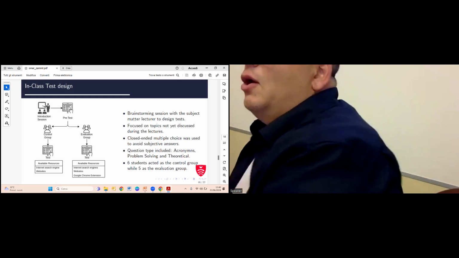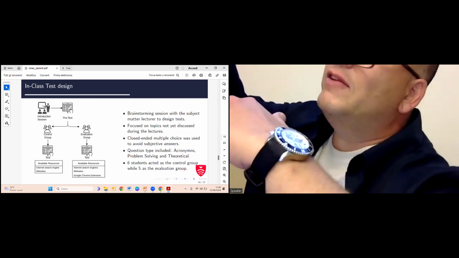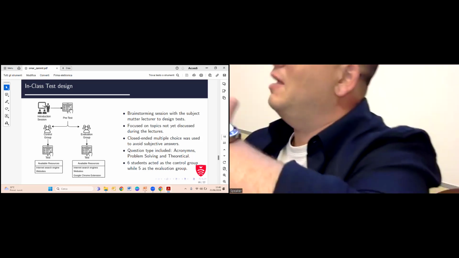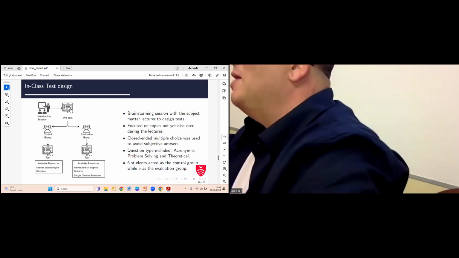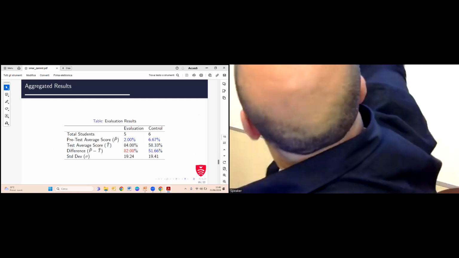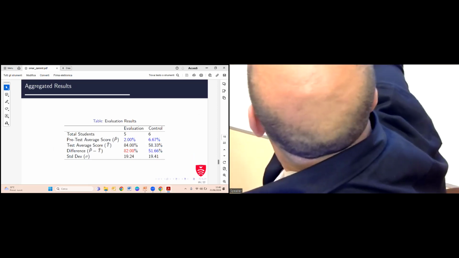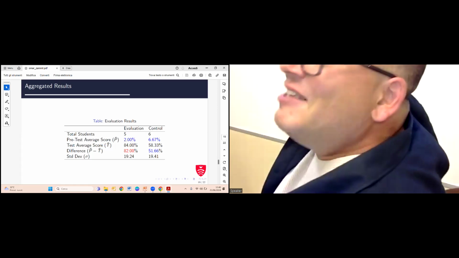Once we got the results, we subtracted the first result from the second one, so we removed the bias basically. And what it showed was the bias was not that high. In fact, the average mark of the first test was 2% and 7%.